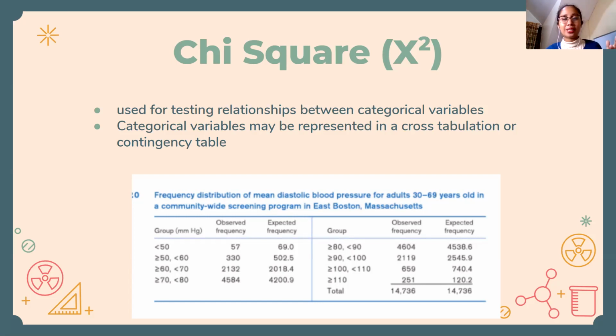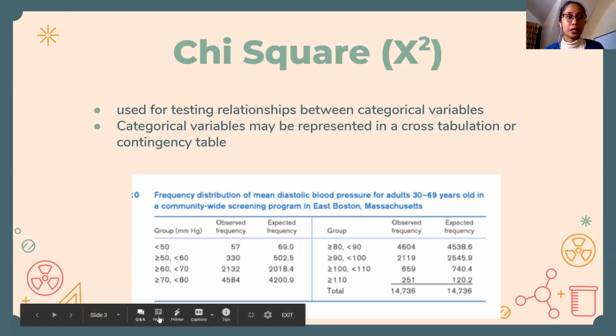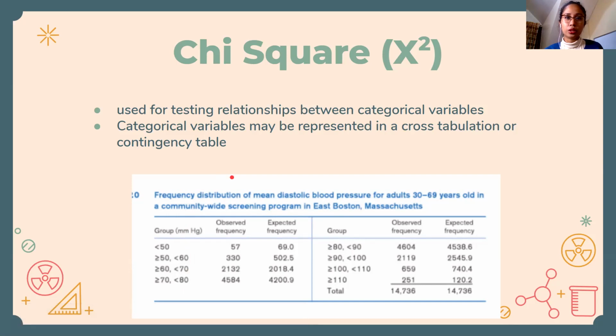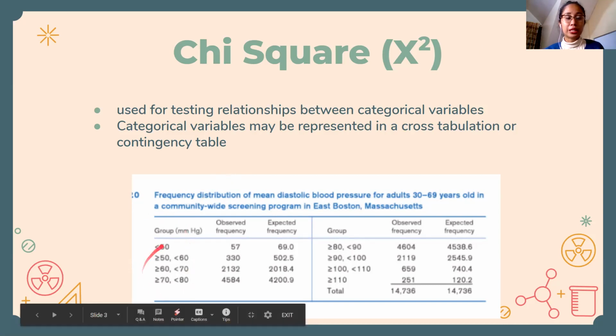Usually, these categorical variables will be represented as a contingency table or cross tabulation. So class, meron tayong rows and columns. Example, on this photo, this is found in your module. Frequency distribution of mean diastolic blood pressure for adults 30 to 69 years old. They group the adults based on their ages, people who are less than 50 years old.